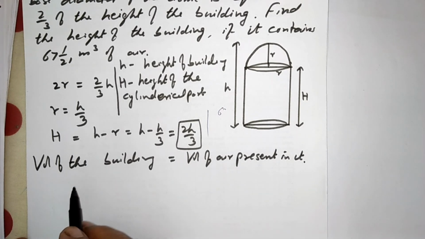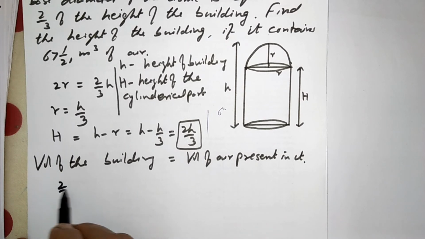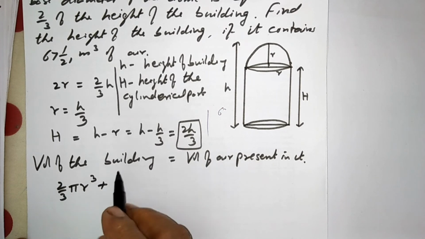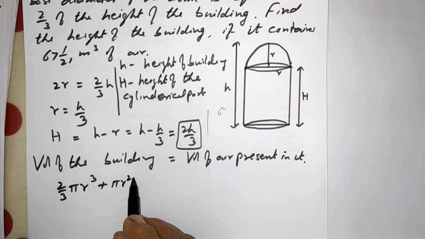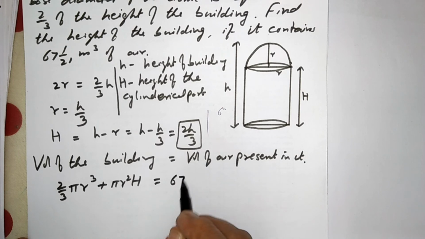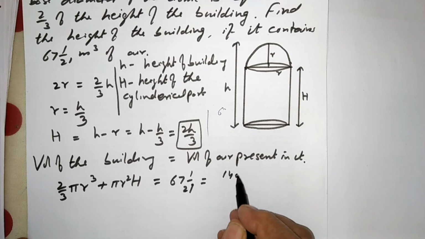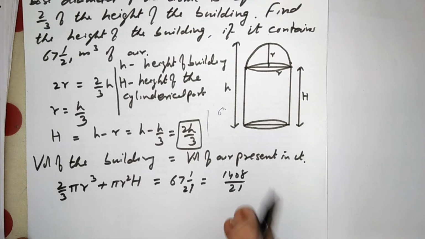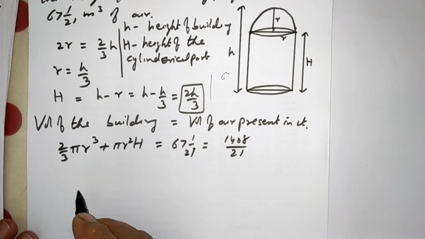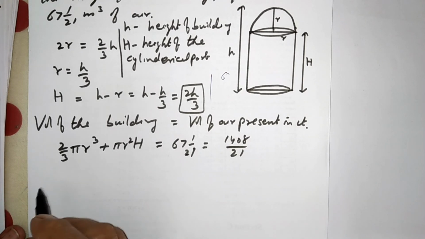Volume of the building will be 2 by 3 pi r cube plus pi r square capital H. This is the height of the cylindrical part, which is equal to 67 1 by 21. This will come out 1408 by 21 meter cube. Now you substitute the values.